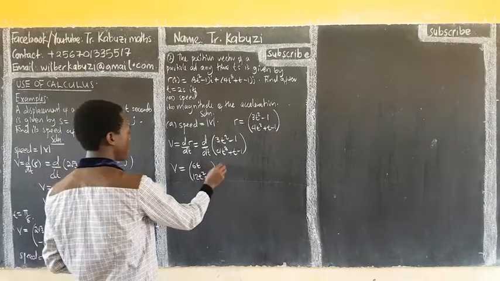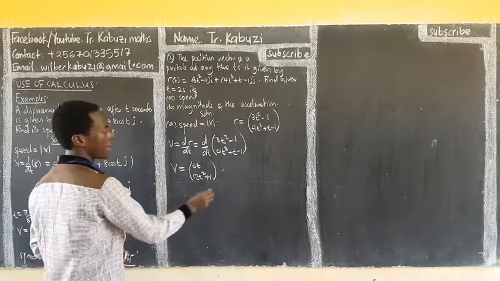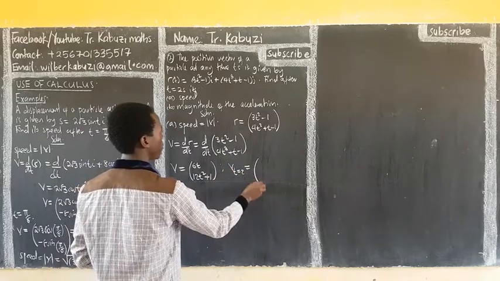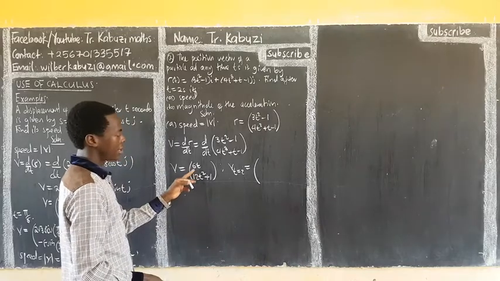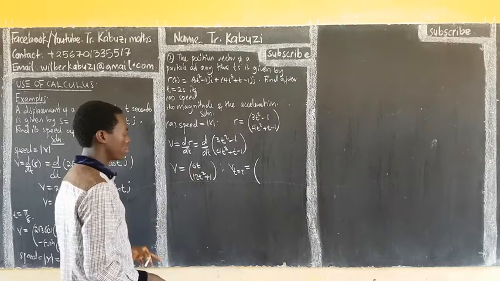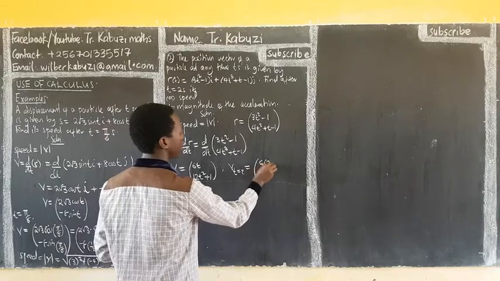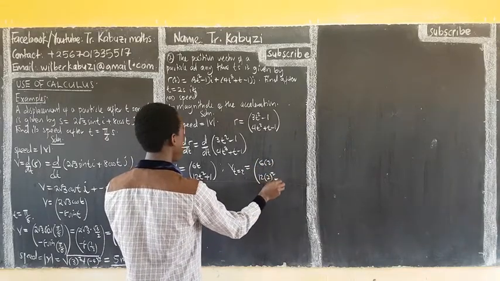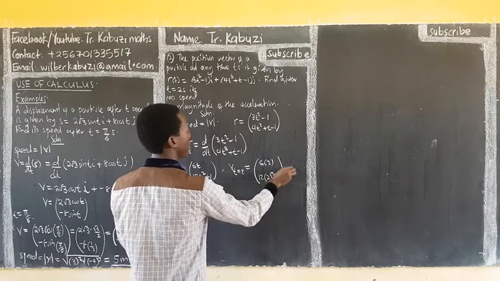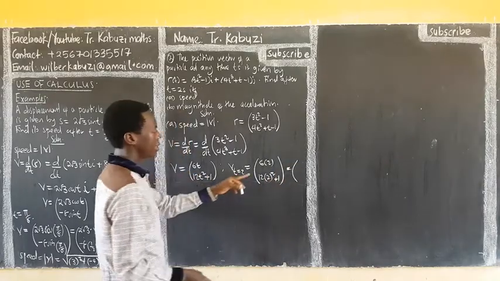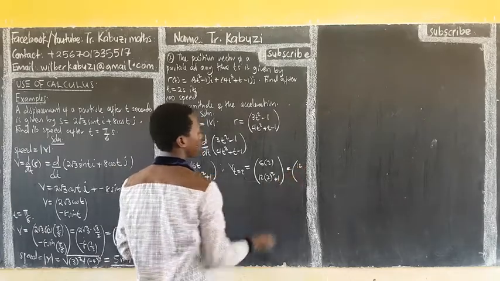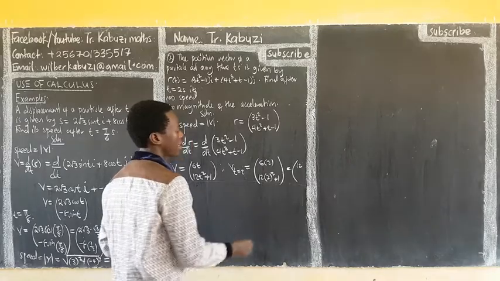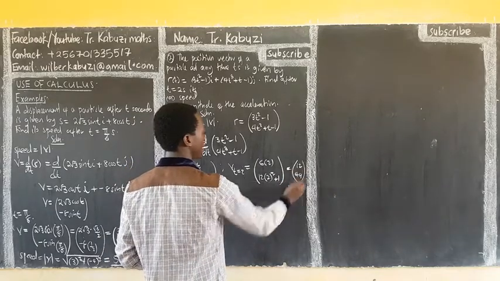So our velocity v when t is equal to 2 will be 6 into 2, then here 12 into 2 squared plus 1. So this will give us 12, and 48 plus 1, which will be 49.